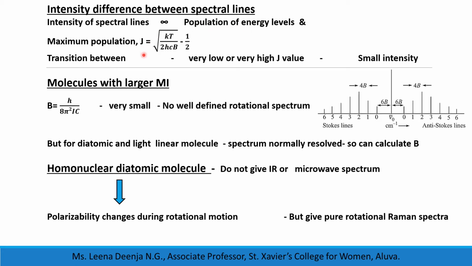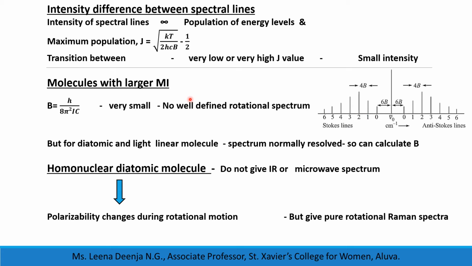And the maximum population is for a particular J, which is equal to root of kT divided by 2hCB, minus 1 by 2, where k is Boltzmann's constant, T absolute temperature, h Planck's constant, c velocity of light, and B the rotational constant. And for transitions from very low J values and very high J values, the intensity will be small.